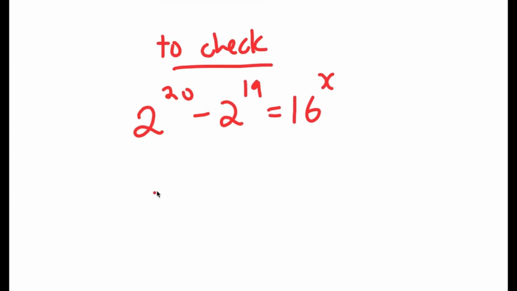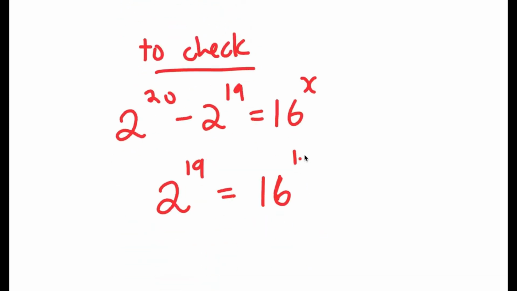Now, 2 to the power of 20 minus 2 to the power of 19, we already know that's 2 to the power of 19. So we get 2 to the power of 19 is equal to 16 to the power of 19 over 4.